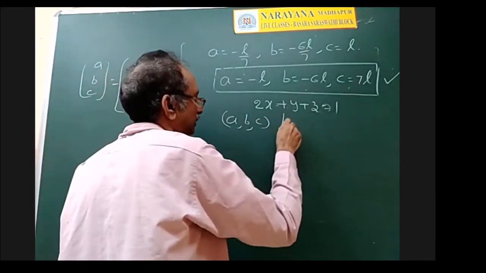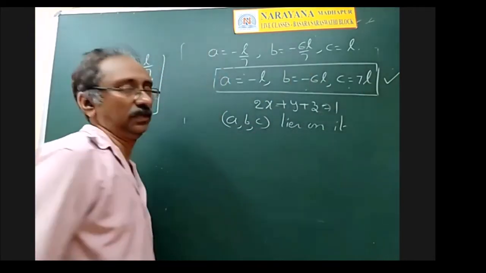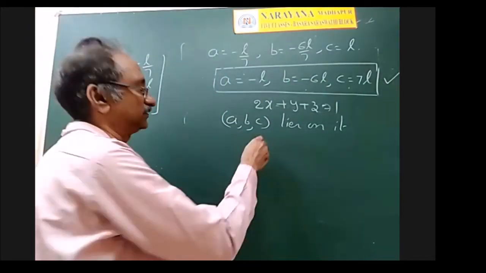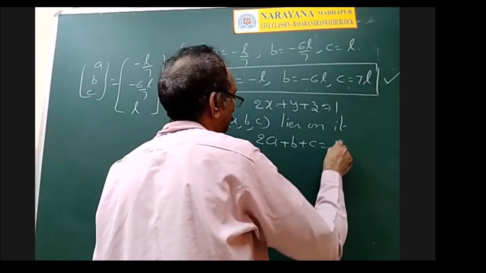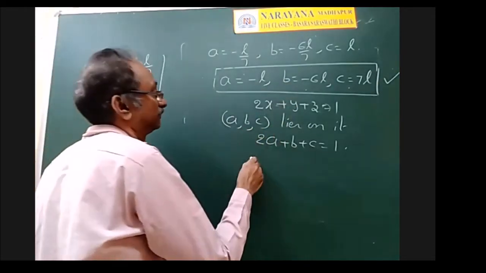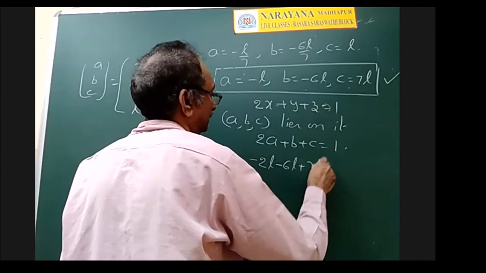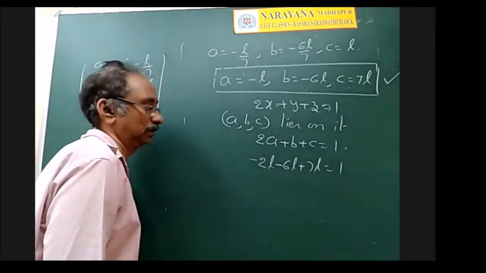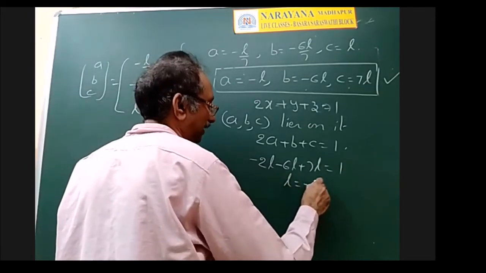If ABC lies on it means it should satisfy the equation. That means 2a plus b plus c is equal to 1. And substitute these values here. Minus 2l minus 6l plus 7l is equal to 1. Minus l is equal to 1 or l is equal to minus 1.